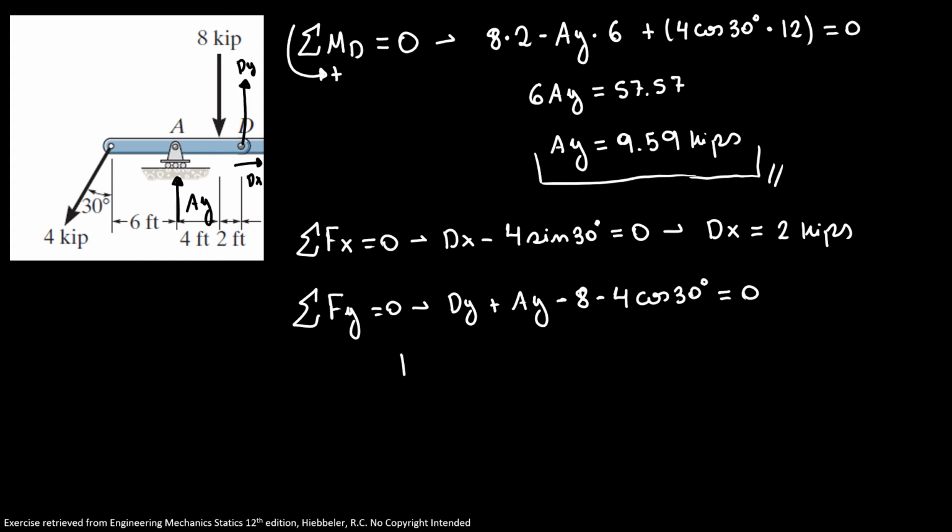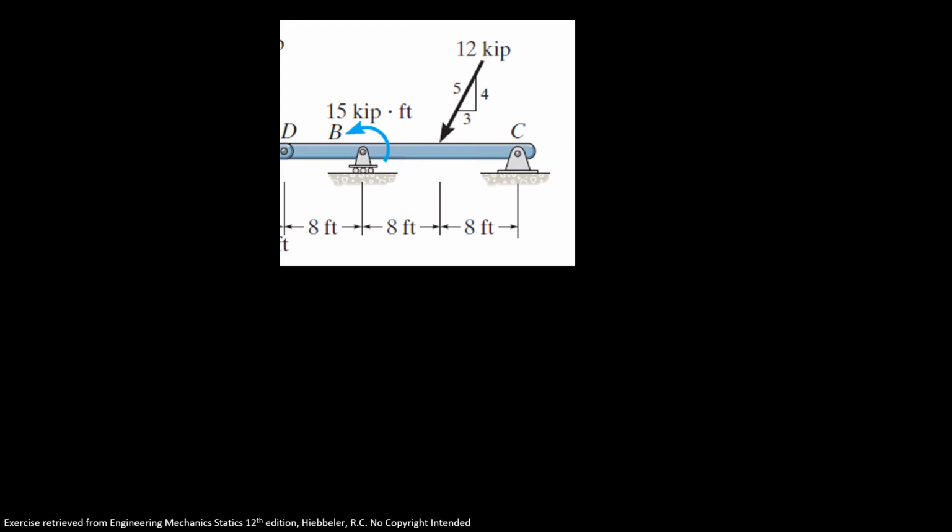So here we have dy is equal to 8 plus 4 cosine of 30 minus 9.59. So our dy is equal to 1.87 kips, pointing up.